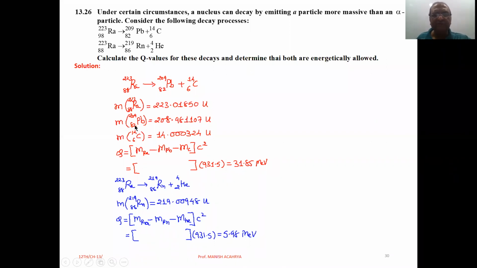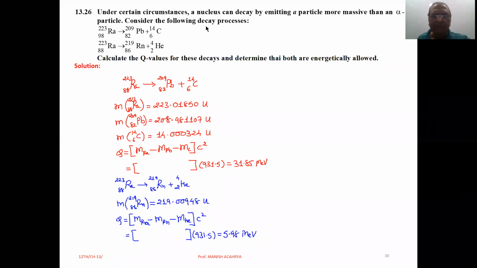Then atomic mass of 82 Pb 209, that is this much U. Then mass of 6C14, that is this much U. Now Q value, that is left hand side mass minus right hand side mass into C square. So mass of Ra minus mass of Pb minus mass of C into C square. Okay.